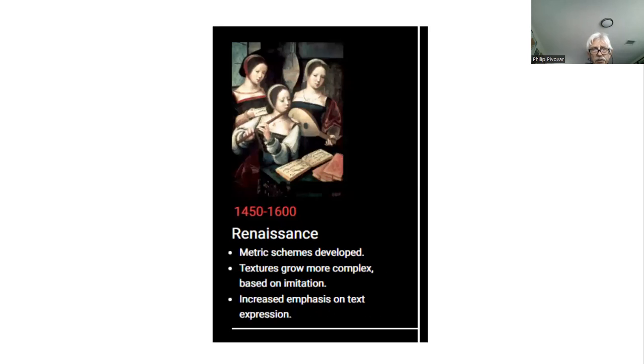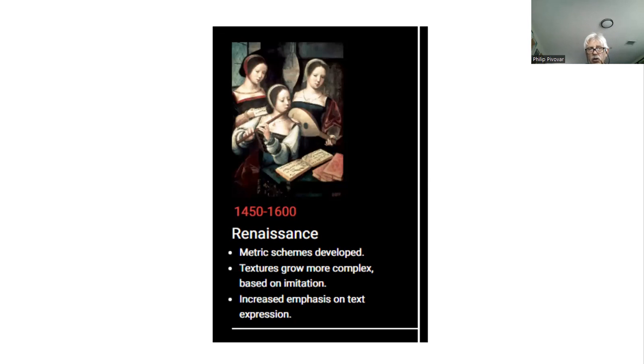The Renaissance is just 150 years. And 1450 is when the invention of the printing press, and just before that, Martin Luther and other things that had a huge impact, and the Black Plague on the ending of the Middle Ages, the beginning of the Renaissance, because Renaissance means rebirth.